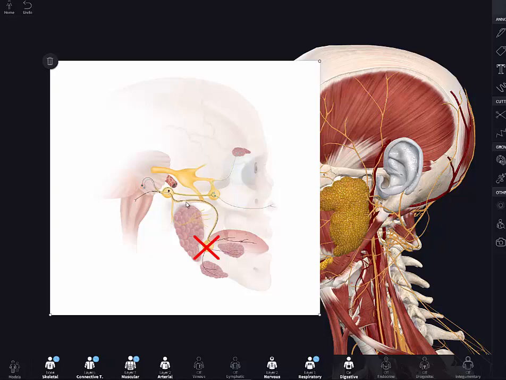That means on the affected side, if this is the right side, I would not be able to produce saliva from these two glands, and I would lose the ability to taste from the anterior 2/3 of my tongue on the right side. I would, however, still feel it if I bite my tongue, because the general sensory afferents that are coming via the lingual nerve are still there.